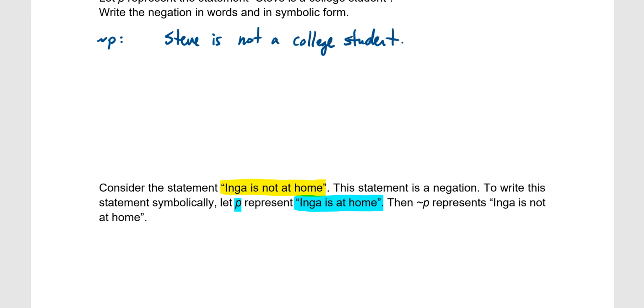That way, using this notation, tilde P represents the statement Inga is not at home. So even if we're given a statement that seems like it's just P or Q or R, if it's already a negation, then we have to think about what it would be before we negated it, and then put the correct symbols in the symbolic representation.